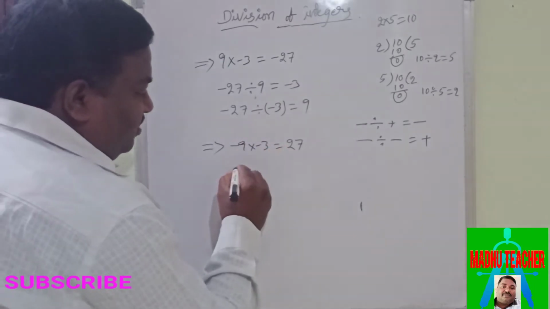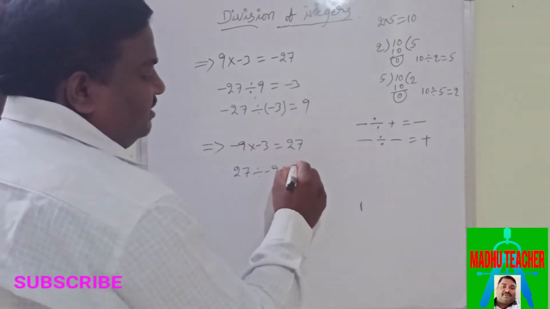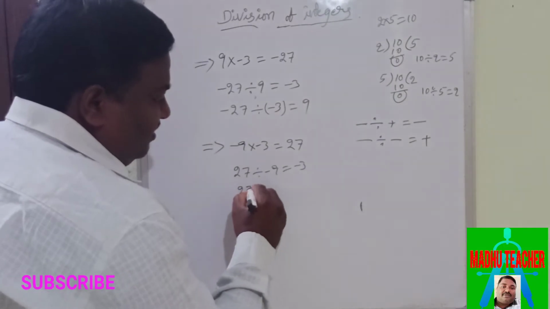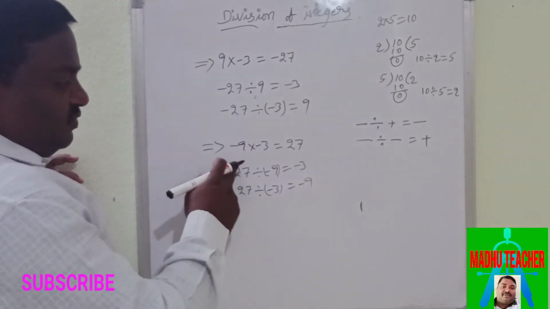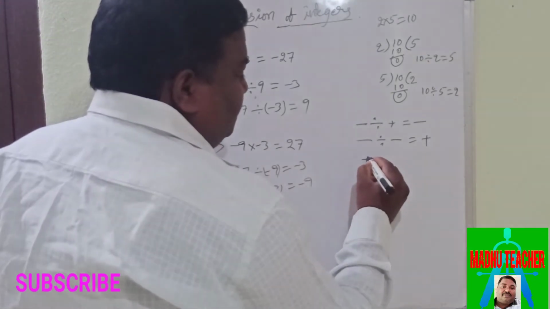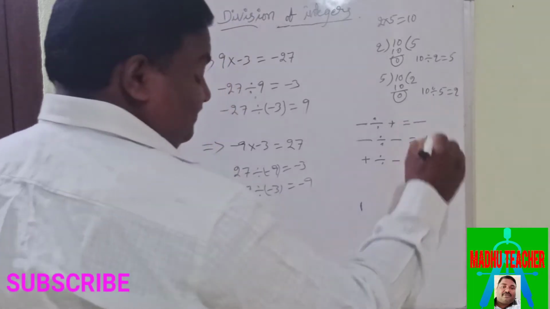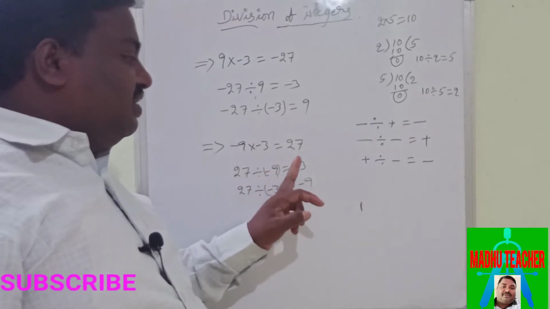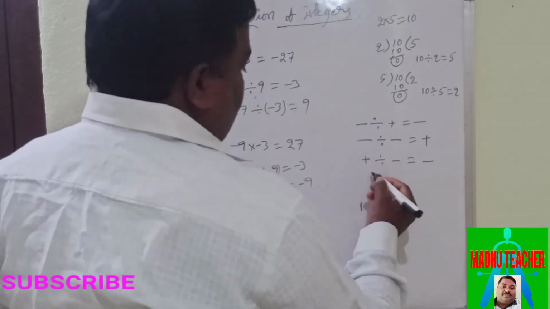So from this we can write 27 divided by -9 equal to -3, or 27 divided by -3 equal to -9. So from this we can conclude that plus divided by minus gives minus. Division of a positive integer by a negative integer gives a negative integer.